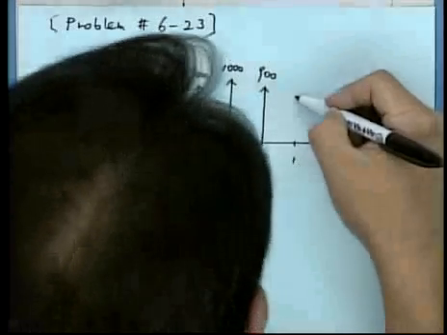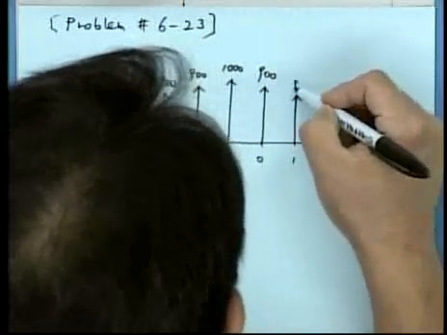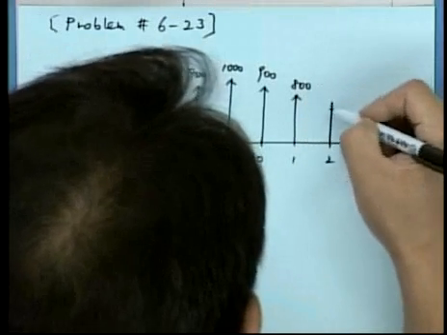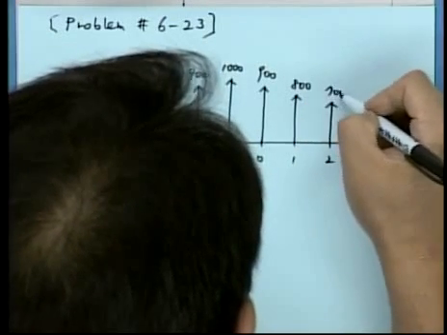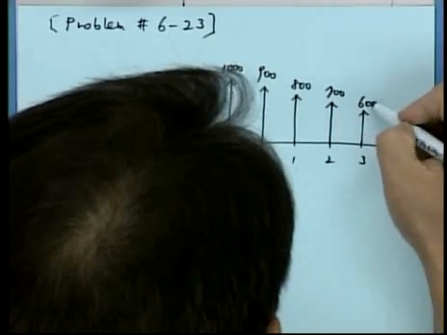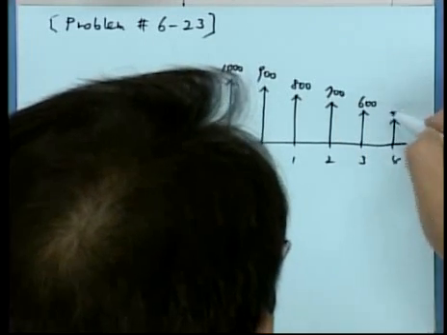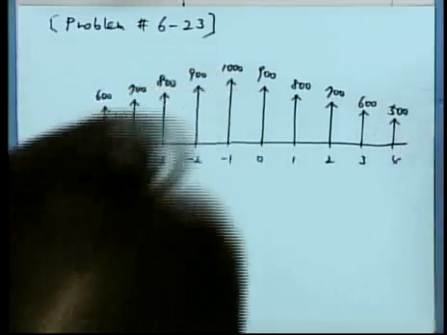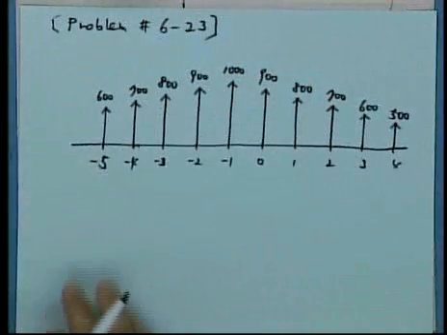So we have 800, 700, 600, and 500, like this. Okay.